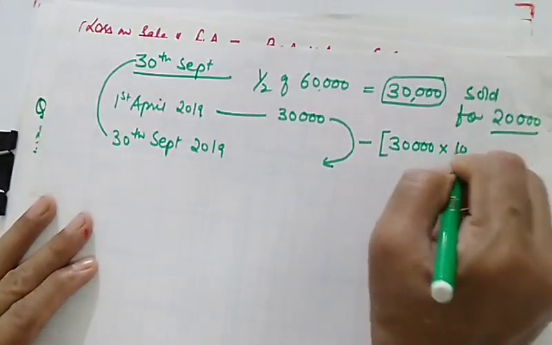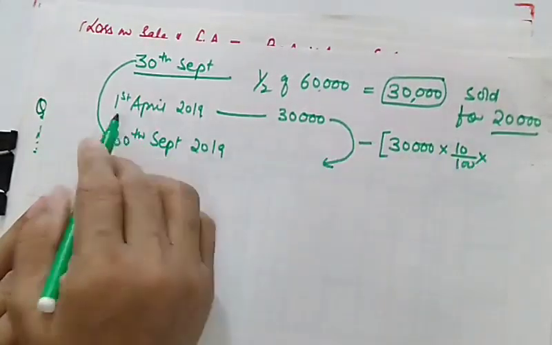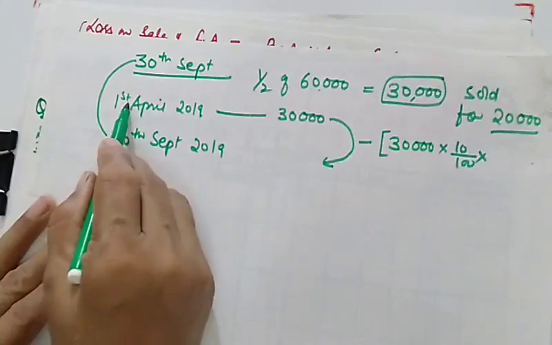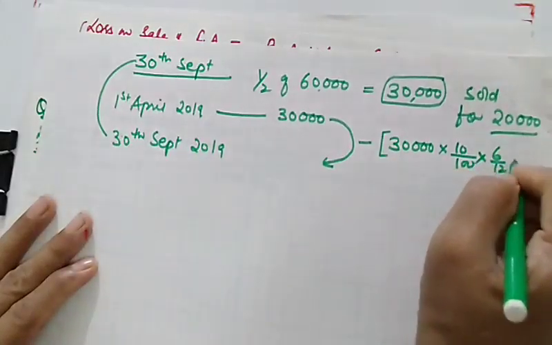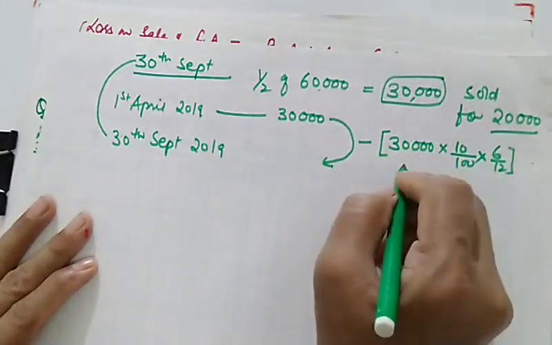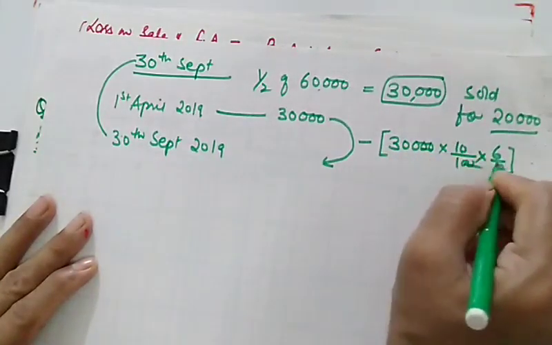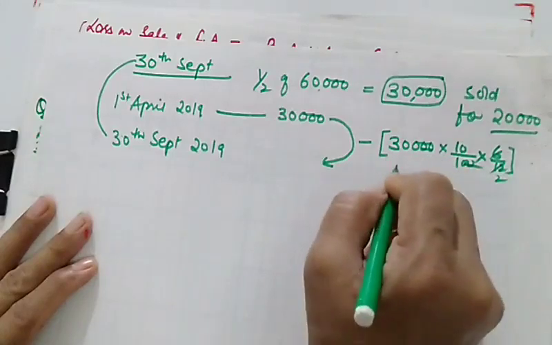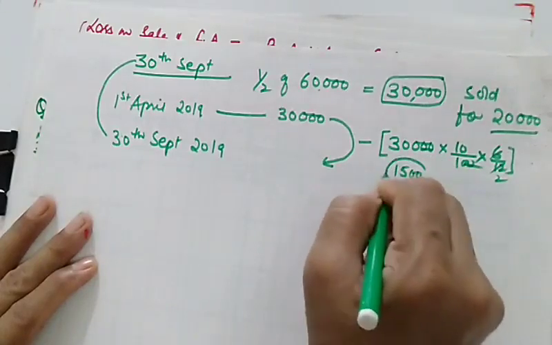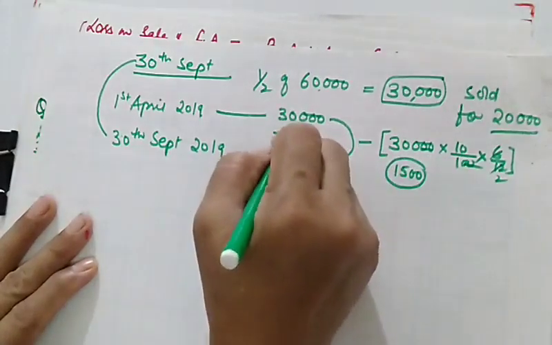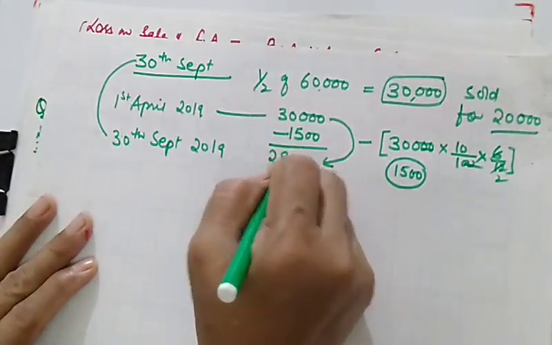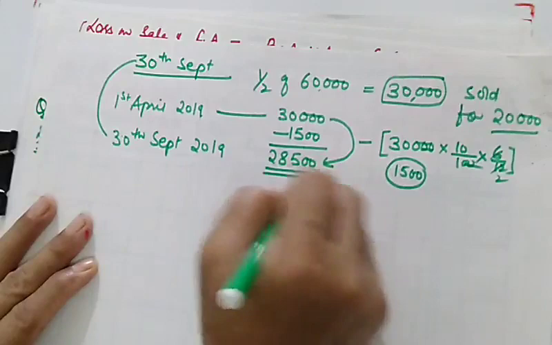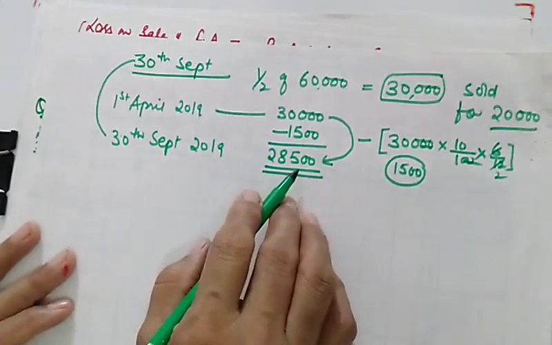So multiplied by rate and multiplied by how many months? 6 months. Months from 1st April till 30th September, 6 upon 12. So if you solve this, this will be 1500. So let us deduct 1500 from this, then you will get 28,500.